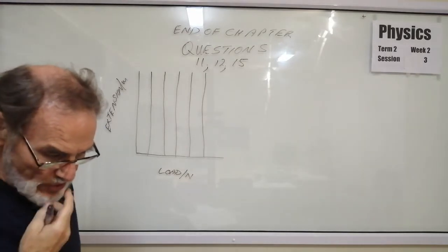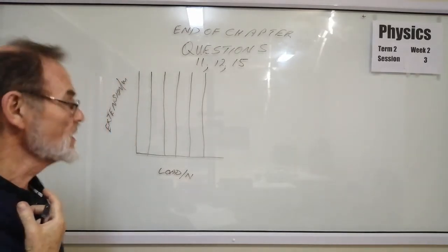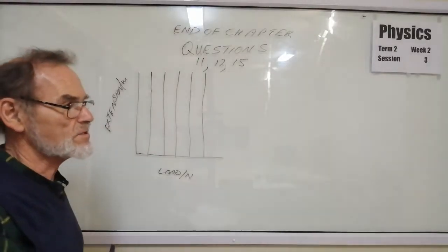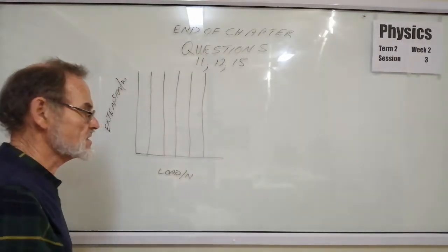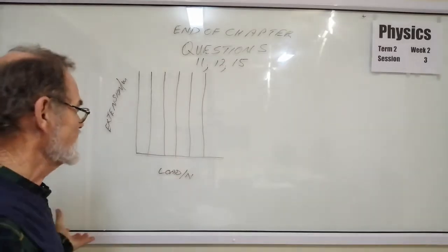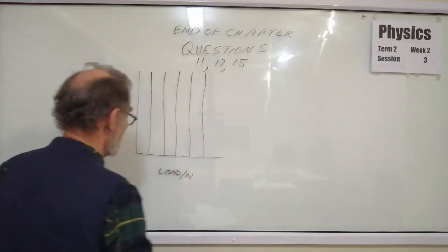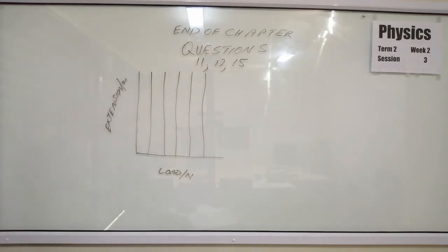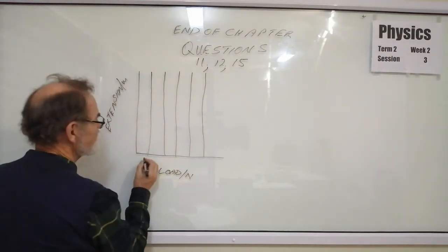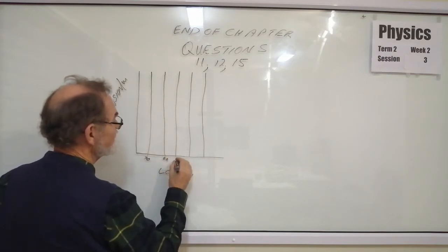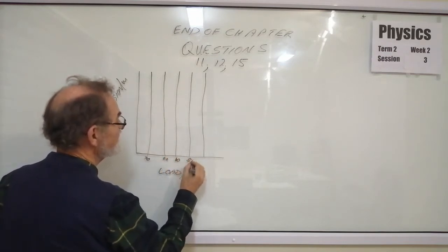I looked at the load and I said, oh, it's going from 0 to 70. So we want to work in tens, so let's just make 100. That's why I've got 1, 2, 3, 4, 5. And if we take 100 and divide it into 5, each one is 20. So this is going to be 20, 40, 60, 80, 100 newtons.